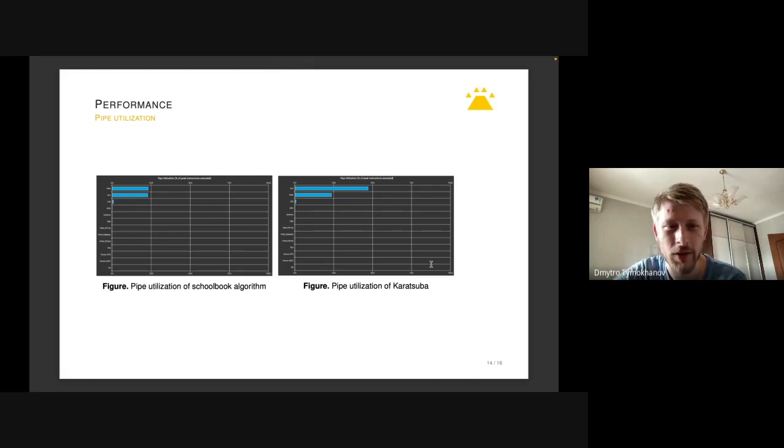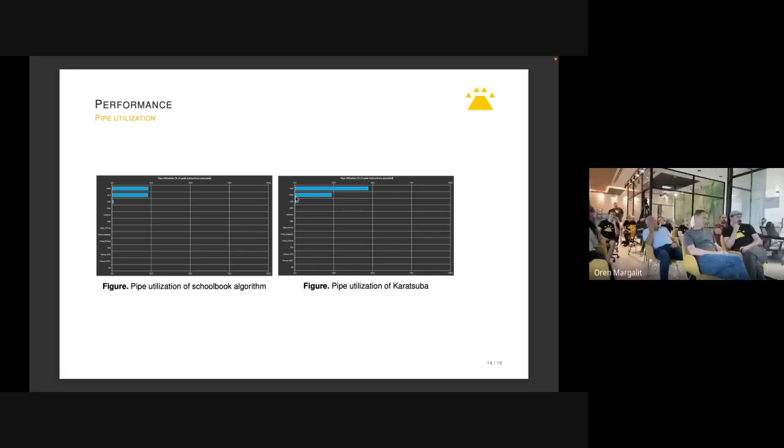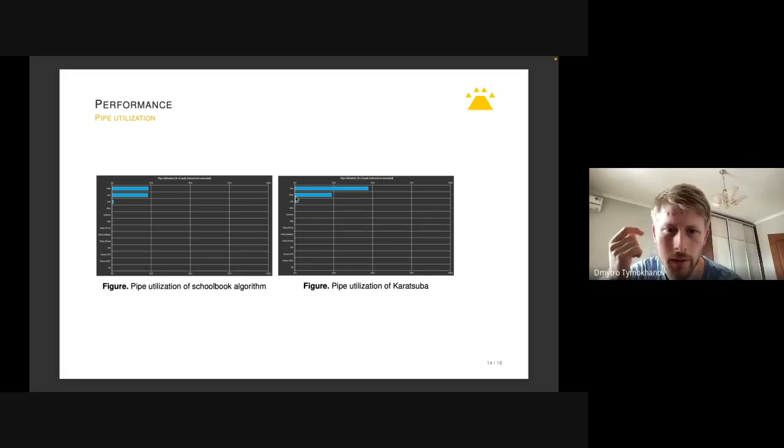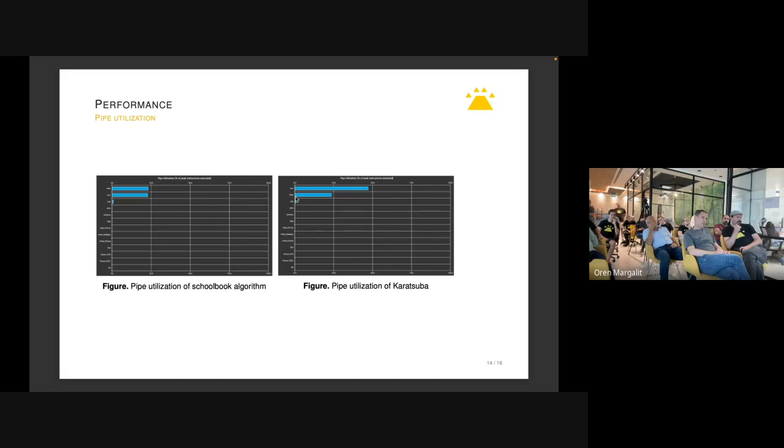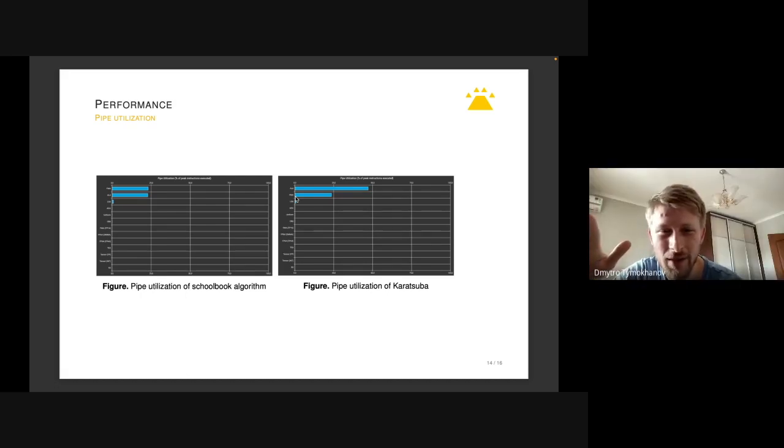This is pipe utilization. Pipe utilization is the fraction of cycles where an instruction was issued to the pipeline. And we see that the FMA pipeline is the one that's responsible for multiplications. So this is the FP32 thing. It is basically below 25% for both.